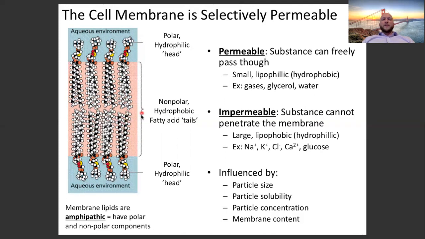This nonpolar bilayer is what's going to keep water out and create the barrier between the outside and the inside. And then that second layer is also going to have a polar hydrophilic head to interact with the aqueous environment within the cell.